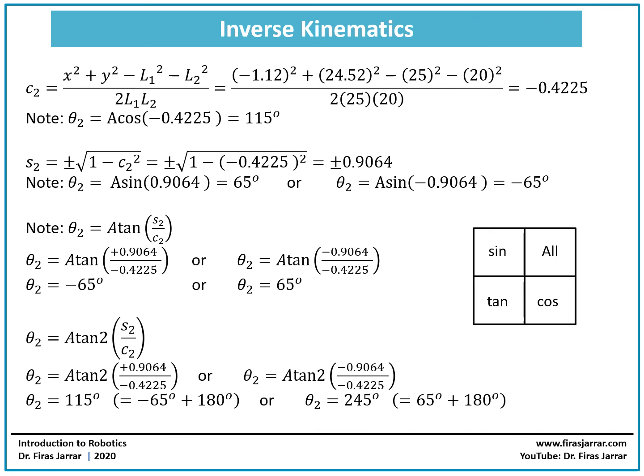And now substitute the value for cosine theta 2 into the formula for sine theta 2. As before, we got a positive and negative 0.9. And now, using your calculator, calculate the sine inverse of the positive 0.9 and the negative 0.9. One will give you a 65, and one will give you a minus 65.